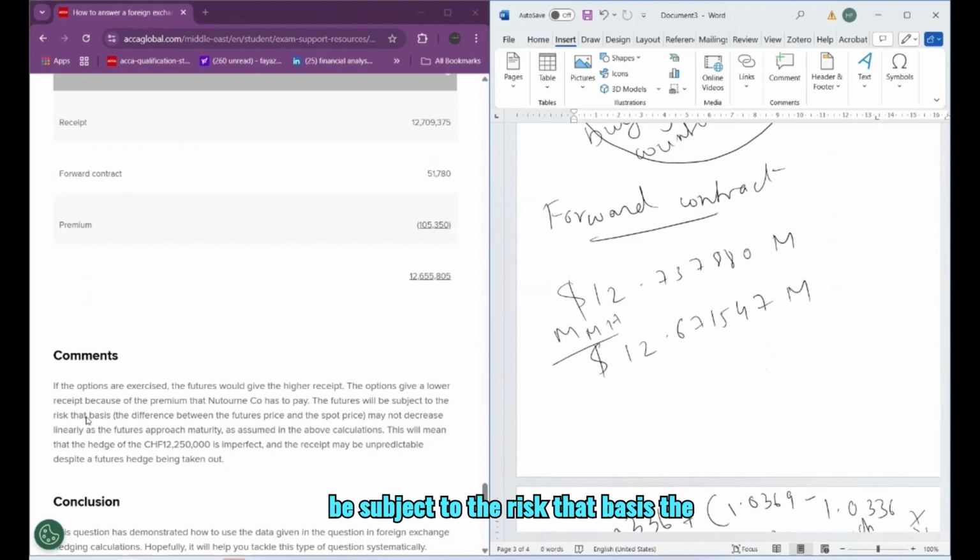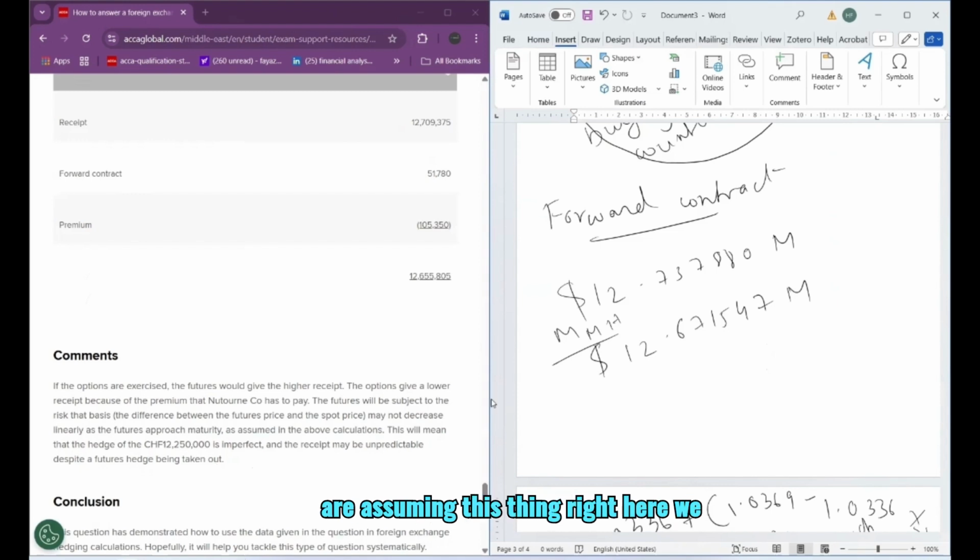Futures will be subject to the risk that the basis, the difference between the futures and the spot price, may not decrease linearly as the futures approach maturity, as assumed in the above calculations, and the receipt may be unpredictable despite the futures hedge being taken out. So they are saying that this is basis risk.